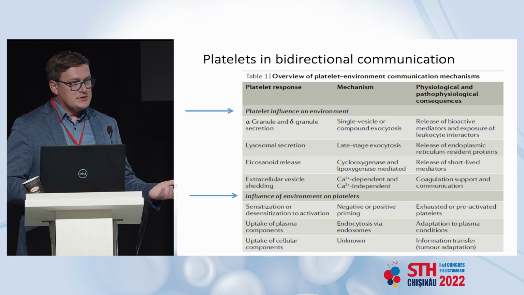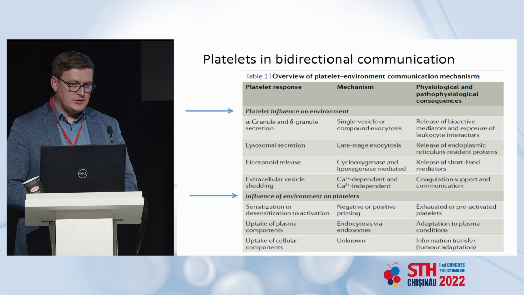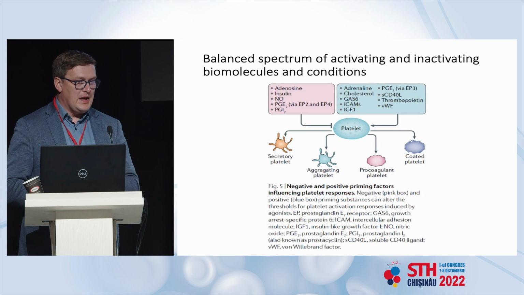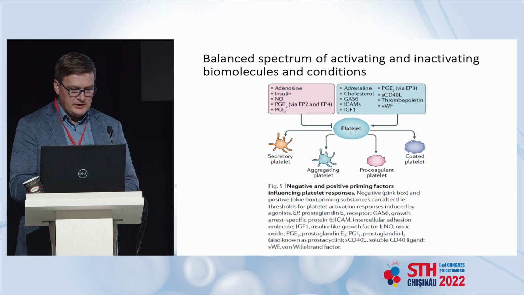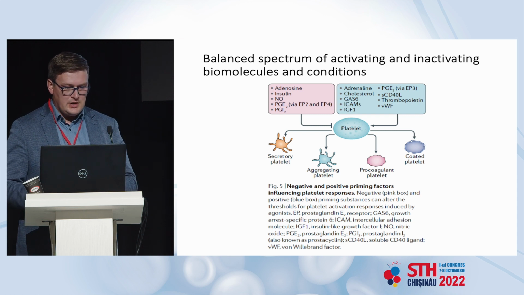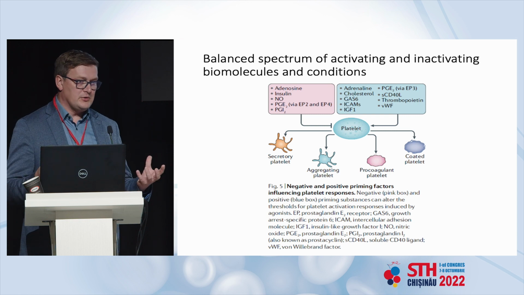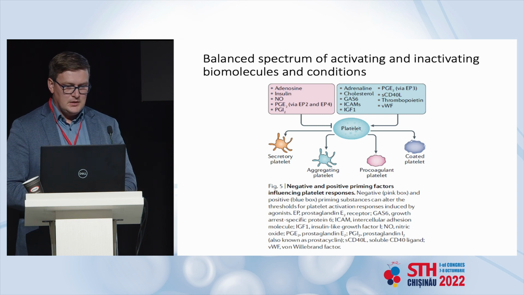The way platelets behave in our circulation is really balanced in normal physiology, and platelets would never become secretory, aggregating, procoagulant, or coated ones because there are negative and positive primers which are in balance.